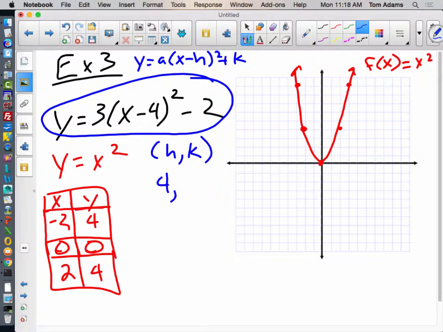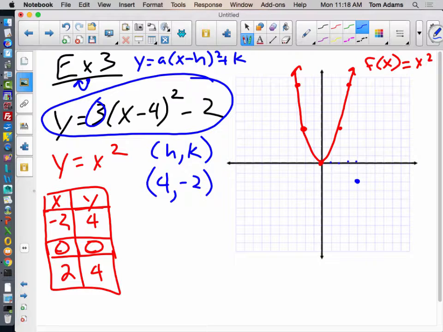So it's actually 4 comma negative 2. So I go over 4 units and then down 2: 1, 2, 3, 4, down 2. It's a positive 3, so that means it's going to open up, right?